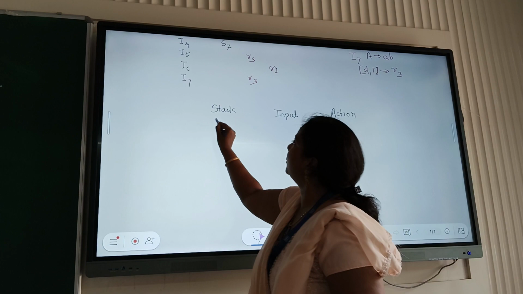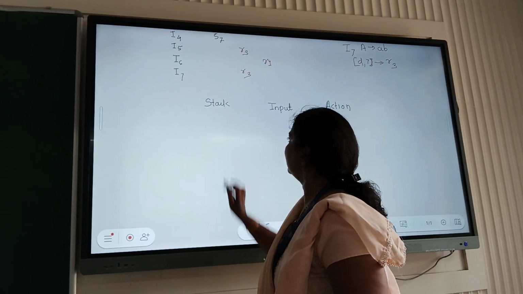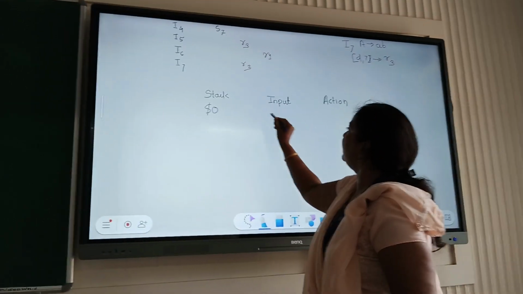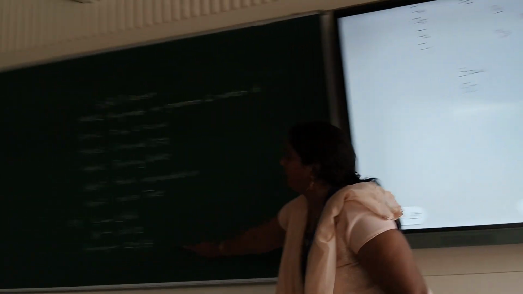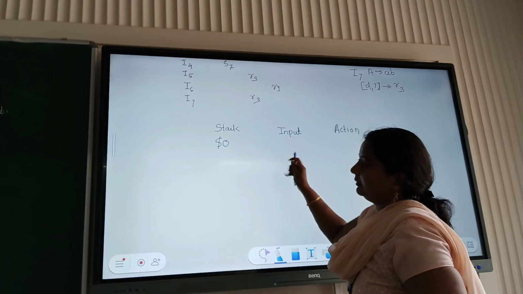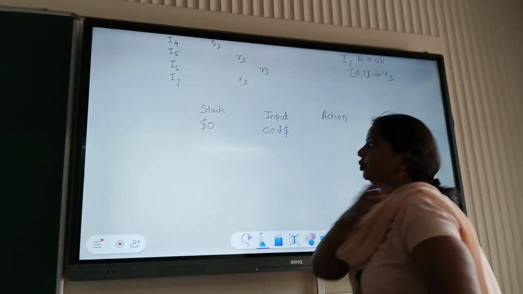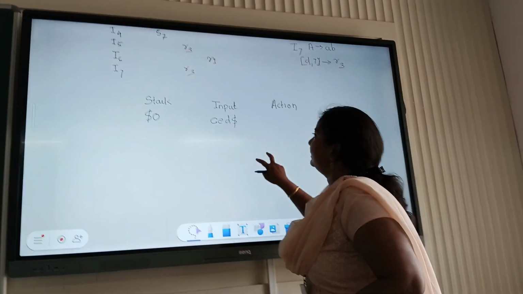Then in stack you require to write first of all the $ sign and 0 is compulsory. Then write this string C E D and dollar. Then check the action.